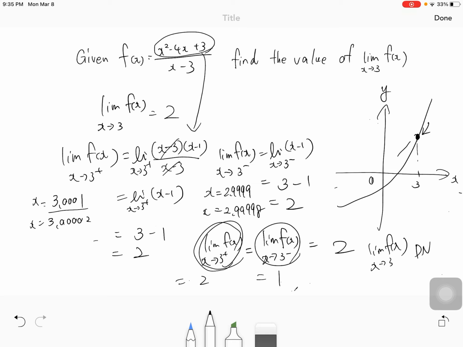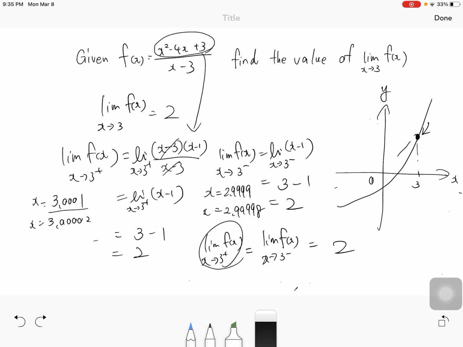So you have to write it down: doesn't exist. But in this question, it corresponded, luckily. So you can just answer like this.